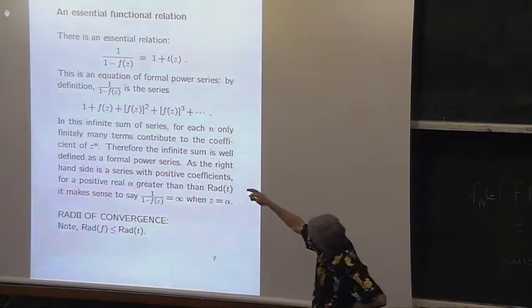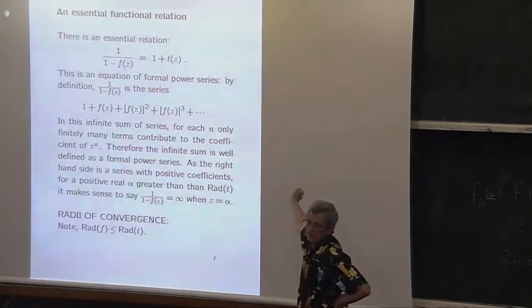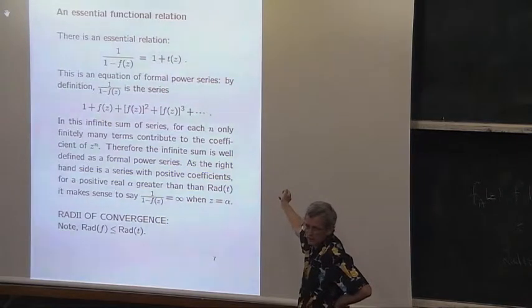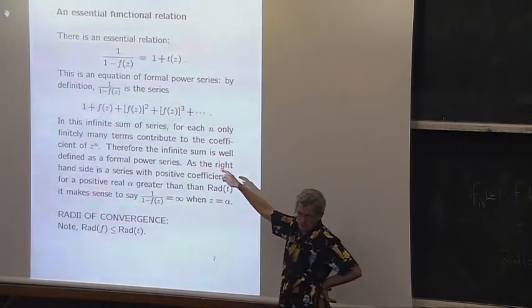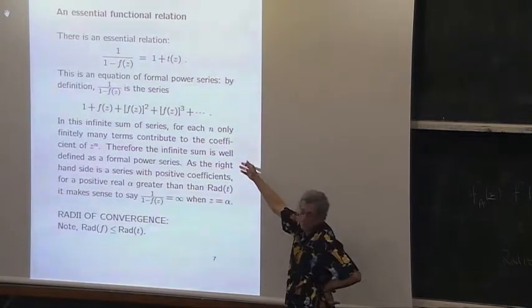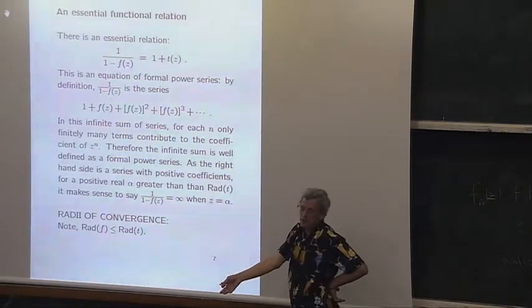Okay? Now, we have infinitely many series we're adding up, so there are infinitely many coefficients of terms, but f has no constant term. So when we take a power f to the k, that only involves terms of degree k or greater.